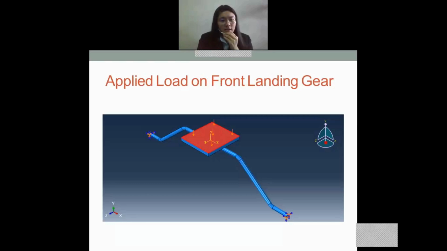And this is how I apply the load on the front landing gears. For the static analysis just now, I get the value and I divide it by the area of the attachment of the component so that I can get the pressure. So this is how I apply the load.